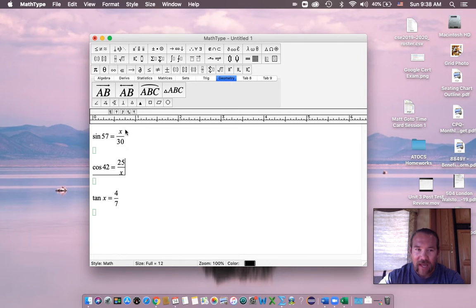So the goal is to get x by itself before we do any type of calculation. So in this case, I would multiply both sides by 30, right? So that means I would get x equals the sine of 57 times 30. Okay, so the sine of 57 times 30. So x is going to equal whatever these 2 things multiplied together is.